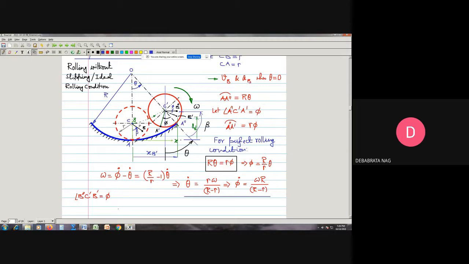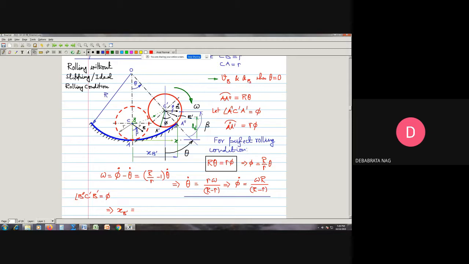So what will be the X coordinate of the point B dash? We can say that XB dash will be equal to how much? Obviously, it is this distance, correct?